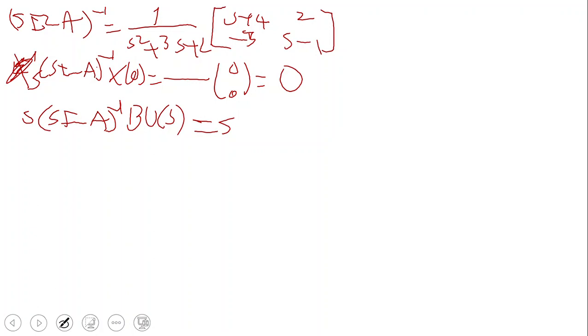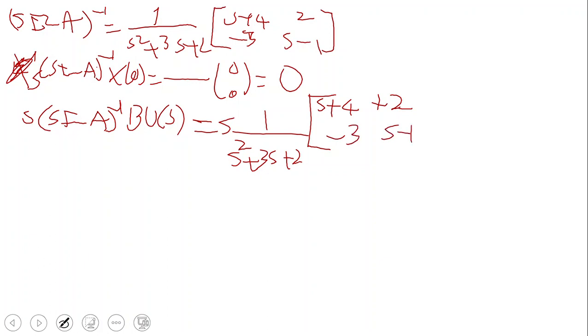What is (sI minus A) inverse? 1 by (s square plus 3s plus 2) into [s plus 4, minus 2; plus 2, minus 3; s minus 1]. What is U of s? Next multiplied by B. So we know what is B: 20, 10. U of s is 1 by s. That s will cancel with this s.